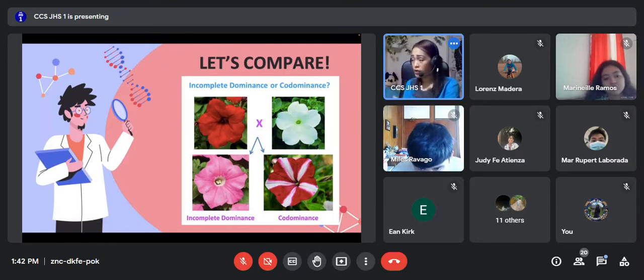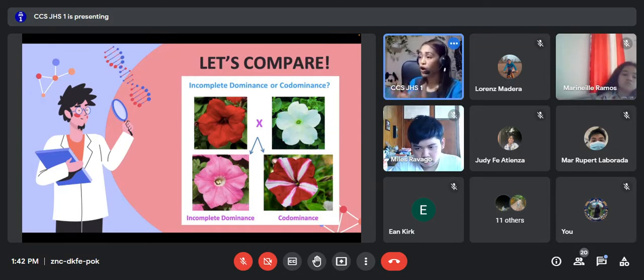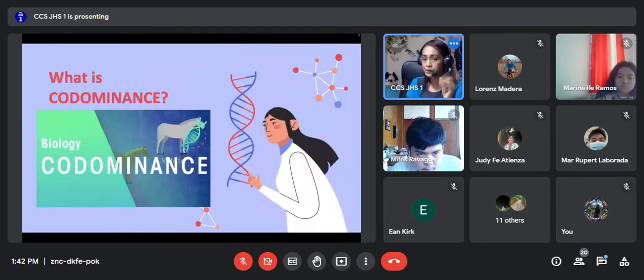But when I say codominant, since they are equal, both colors or both options are expressed together equally on the organism. So you have red and white at the same time on picture B, which is on the right side. I hope that's clear to everyone.